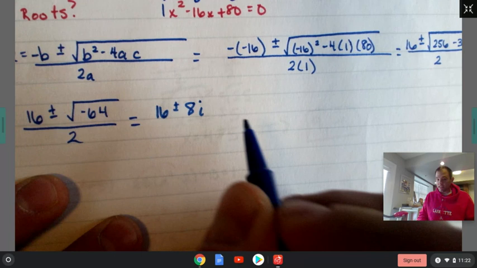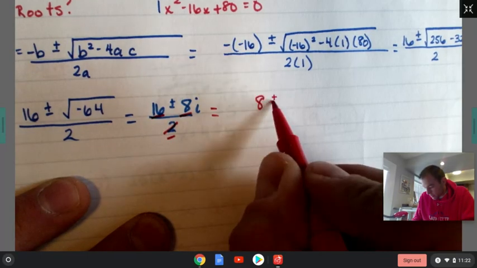Okay, and then the whole thing is still over 2. And now you should notice something about all these numbers, 16, 8, and 2. They're all even, so I could divide all of those by 2. And if I did that, it would get rid of the 2 on the bottom because 2 divided by 2 is just 1. And it would leave me 8 plus or minus 4i.